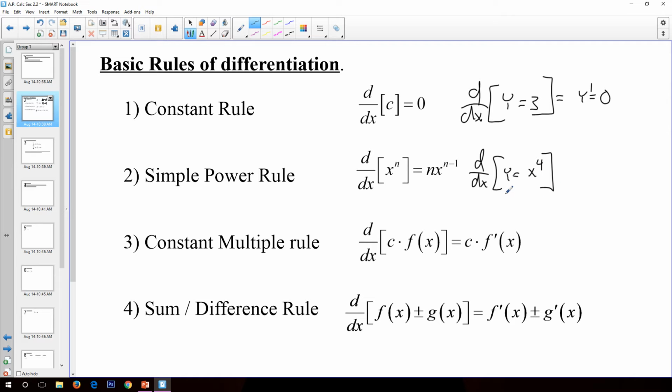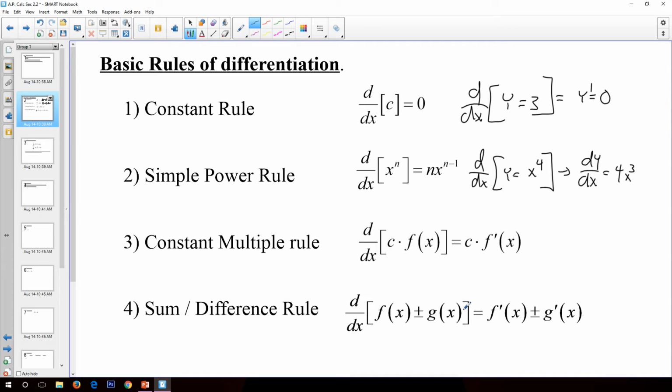I'm purposely using a different notation just so that we see all of the types of notation that you might see on the AP Calc test. This is going to be dy over dx. Again, these two are essentially synonymous. And then I bring the 4 down, so it'll be 4, and then x to the 4 minus 1 is just 3. And then the constant multiple rule, I'll show you that on the next page.